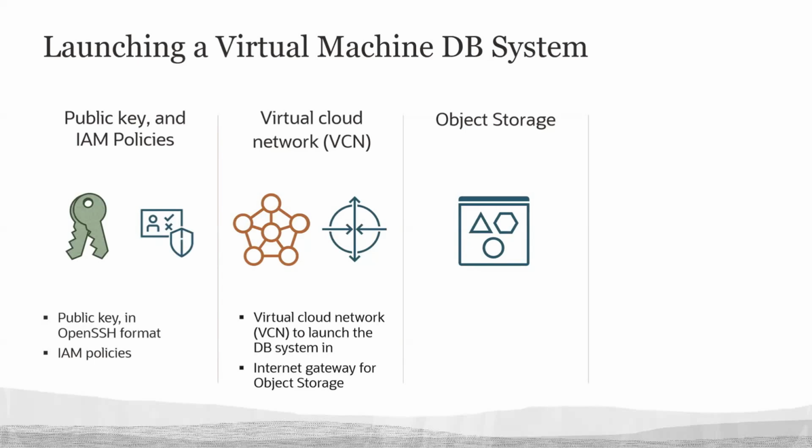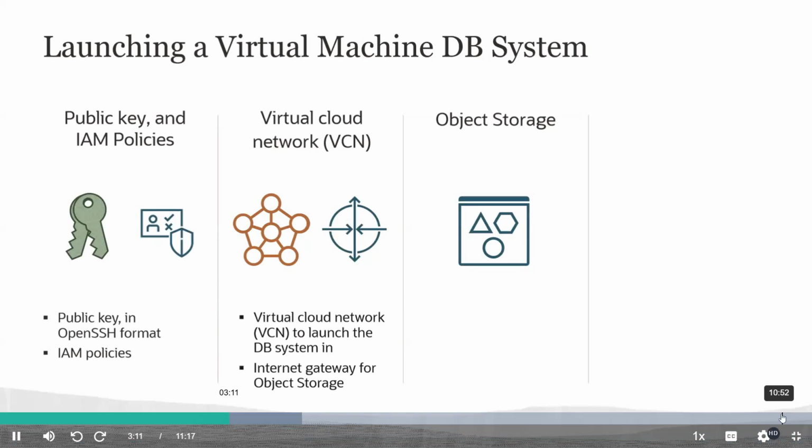If you plan to back up your database system to object storage, or you wish to stage your patches in the storage, then you need to address the object storage. In addition, you may need to address an Internet Gateway with a public subnet or a service gateway with a private subnet. That will be required. So this is where you put your backups as well as your patches.